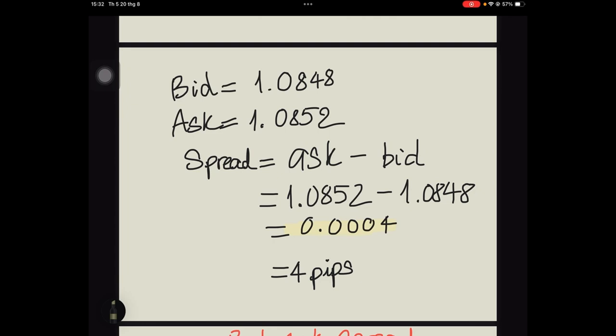But here is the more important point: the spread represents a transaction cost component of trading. If you want to buy immediately, you pay the ask. If you want to sell immediately, you receive the bid. So the spread is effectively the cost of crossing from one side of the market to the other.